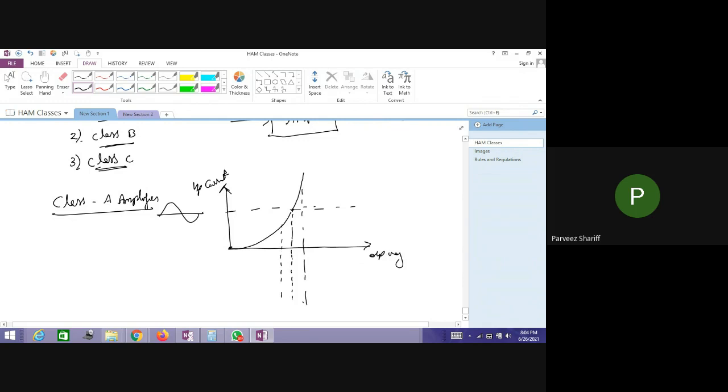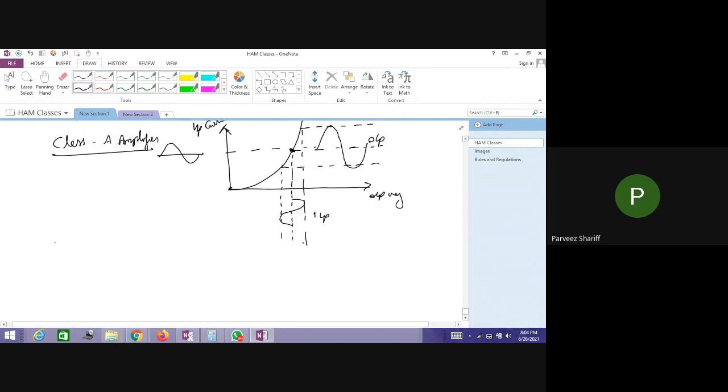So you can consider this as the input, and these points are the output. So you will get the entire signal like this. This is the point chosen with respect to whatever signal is applied, so you'll get the entire signal across the output. This is called the class A amplifier.